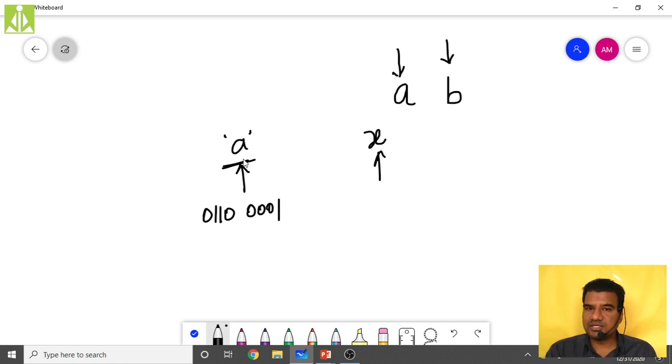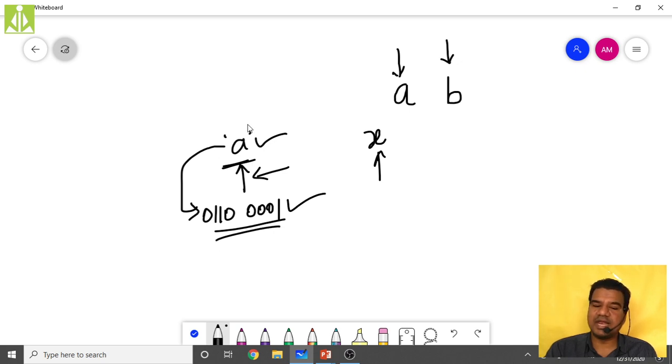Then who is doing this conversion from graphical A to the binary A? Your compiler is doing it, we are not. Your compiler is responsible for converting the high level language instructions into machine level language instructions. But remember, your computer will understand A only in binary form.